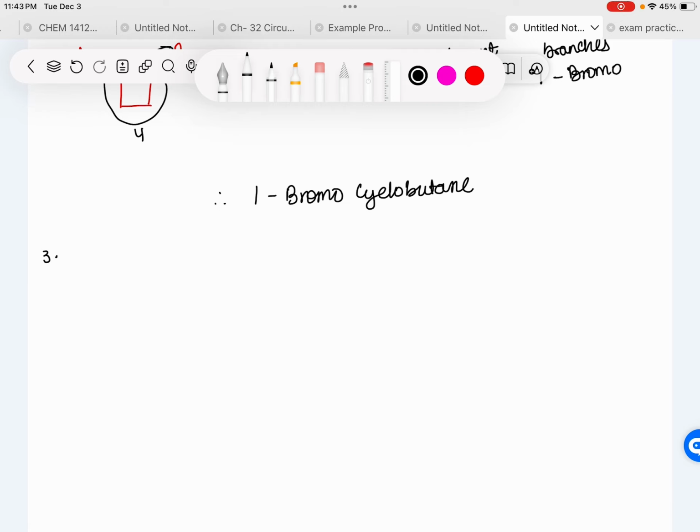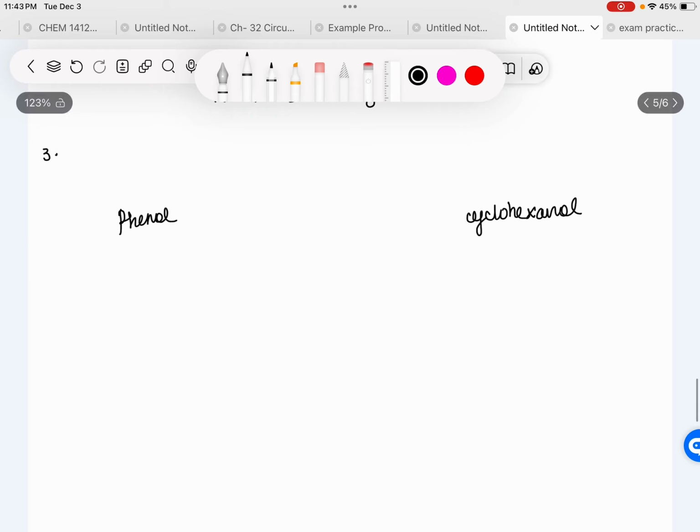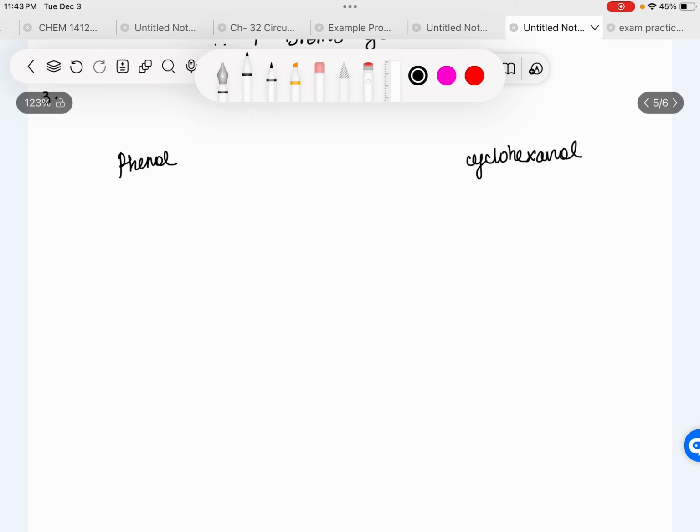Number 3, we have phenyl and we have cyclohexanol. Let's draw these. So we have phenyl, and cyclohexanol.